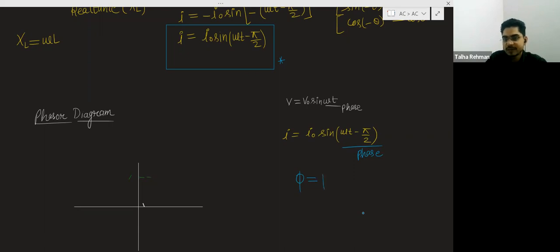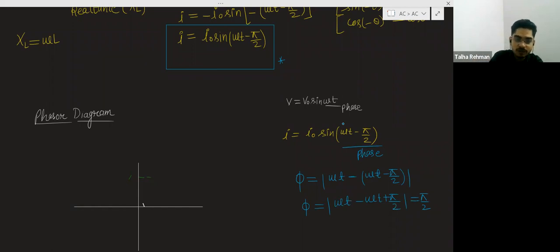So you will write omega t minus of omega t minus pi by 2. This will be omega t minus omega t plus pi by 2. So what will be your phase difference? Pi by 2. So this time the phase difference is pi by 2. In the purely resistive circuit, the phase difference was 0.